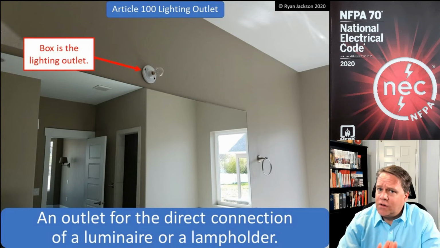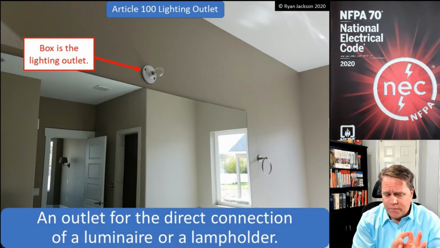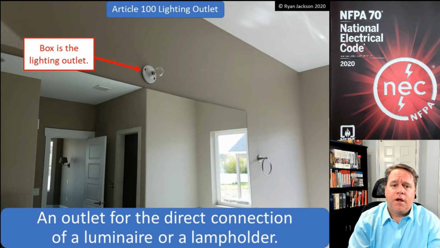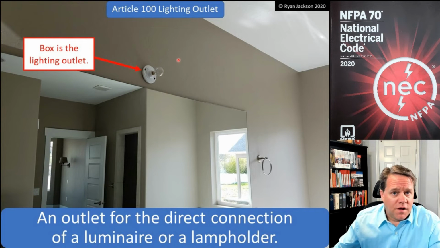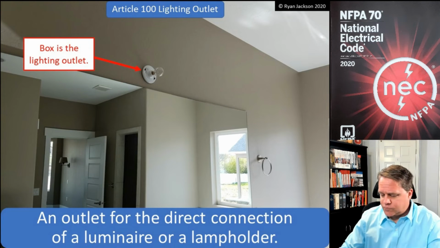So the lighting outlet is the box with the wire in it. We connect it to a luminaire or a lamp holder. So this lamp holder is connected to a lighting outlet. If we look in the mirror, that wall sconce that's in the other room is also connected to a lighting outlet. The difference is that's a luminaire and that is a lamp holder.